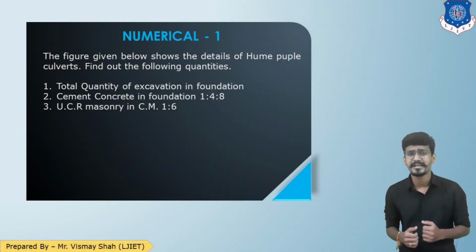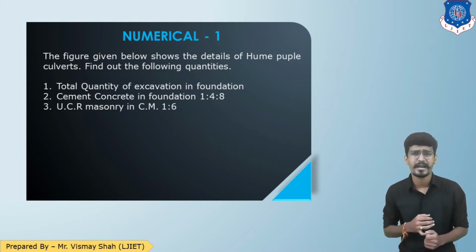So here is the numerical. The numerical says that the figure given below shows the details of Hume pipe culvert. Find out the quantities of the following items. So first we need to find out the total quantity of excavation in foundation.